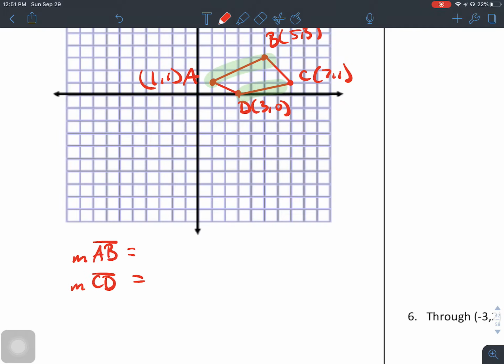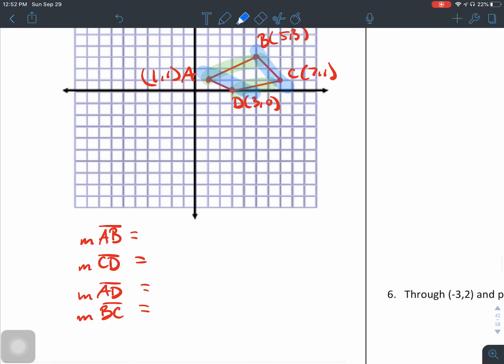Those should be the same if it's a rectangle. We need to find the slope of AD, and we need to find the slope of BC. Those two should be the same if it's a rectangle, because they're opposite sides. In addition to that, when you compare the first two with the last two, the first two should be negative reciprocals of the last two. If all those things happen, it's a rectangle. If they don't, then it isn't.